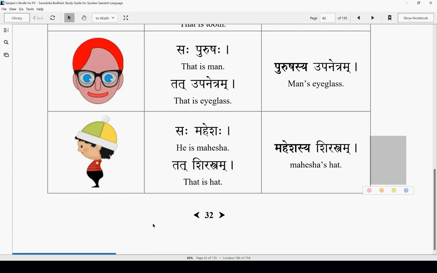You can use either way. So the hat is referred to as something that protects the head? Yes, Shirastranam is something which protects the head. And there are many other words also for something which protects the head.